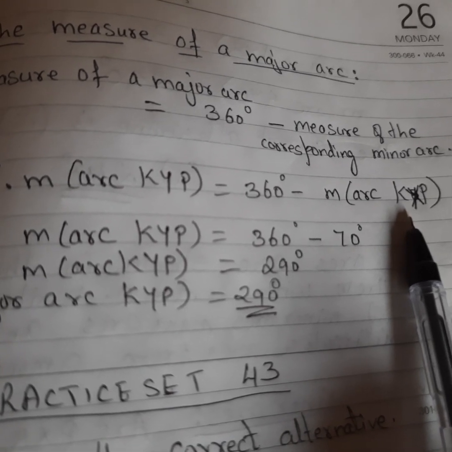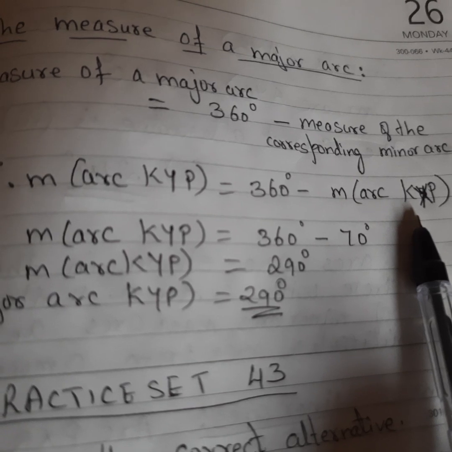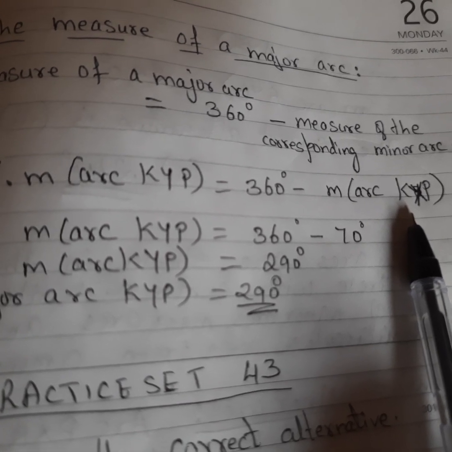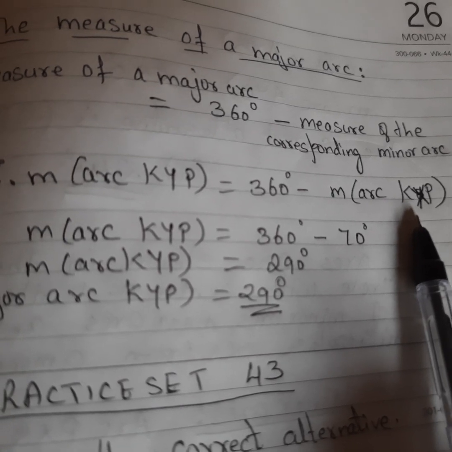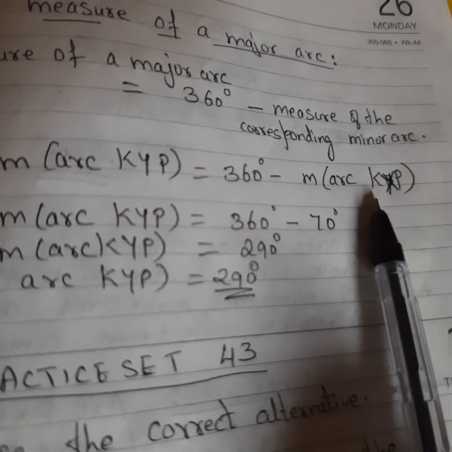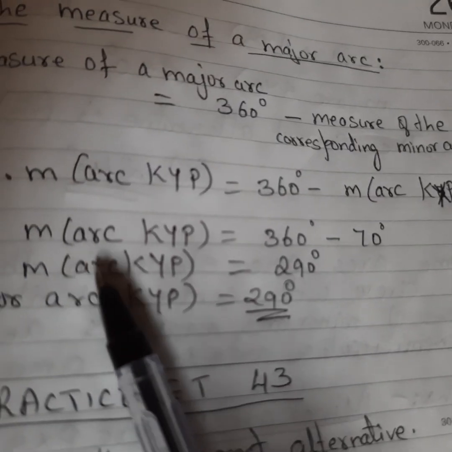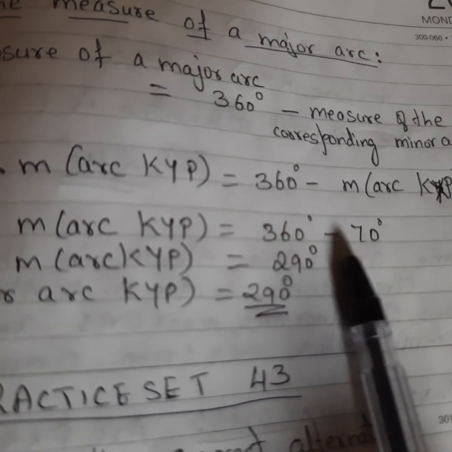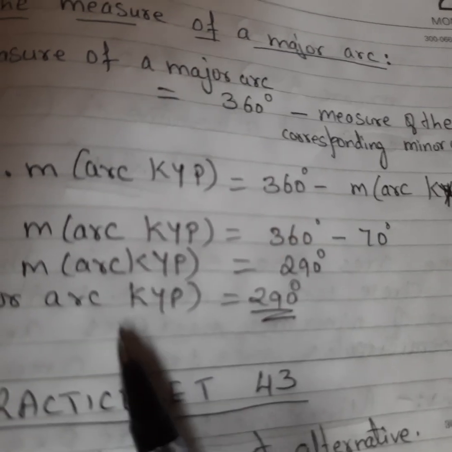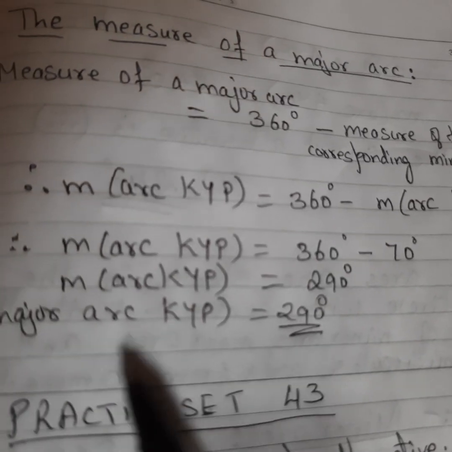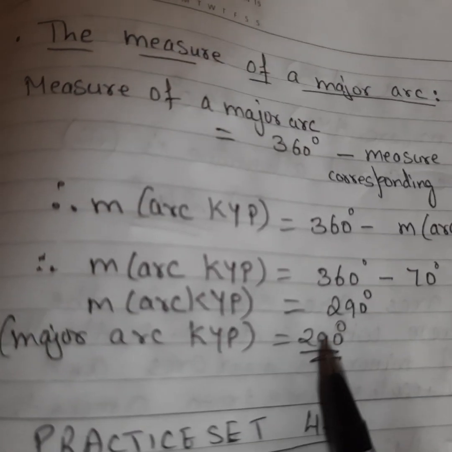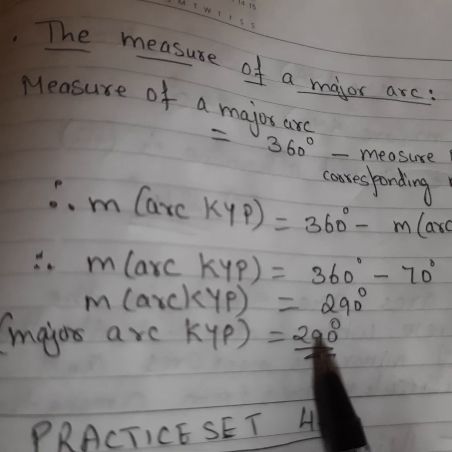Measure of arc KXP we understood with the angle KOP. Angle KOP is given as 70 degree. So measure of arc KXP is also 70 degree. And then we go on to find out the major arc. So measure of major arc KYP is equal to 360 minus 70 degree. And there you get the answer 290 degree. So major arc KYP is equal to 290 degree.